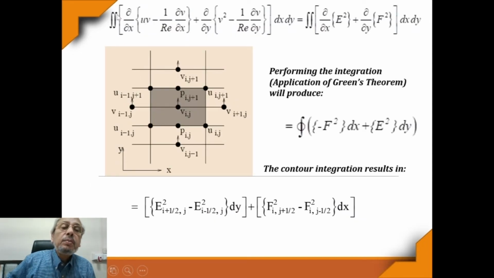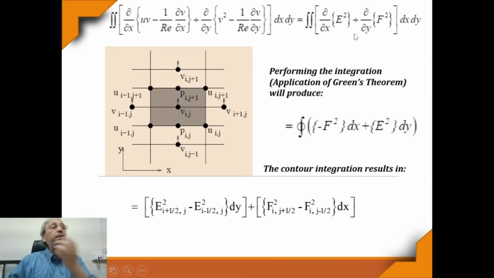So double integral of del x of uv minus 1 by Re del v del x plus del y of v square minus 1 by Re del v del y, dx dy. This term we can consider as E2, and this term we can redefine as F2.